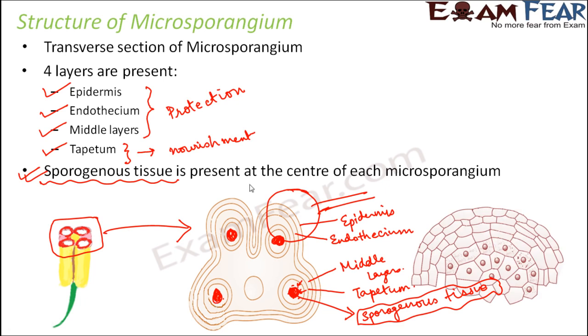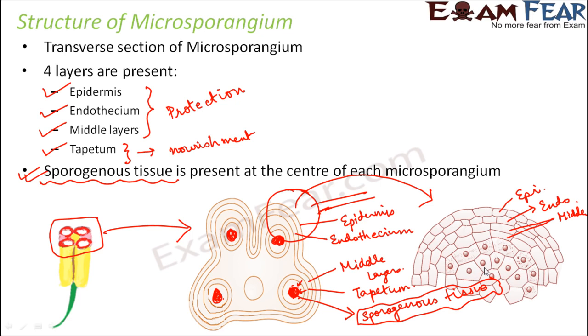So here, this is again yet another magnified version of the 4 layers. The outermost layer is the epidermis, then the next layer is the endothecium, and then you have the middle layers. Now middle layers, not necessarily it has to be one, it can be more than one also.